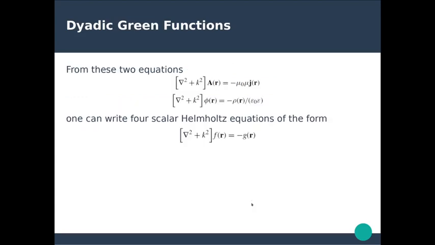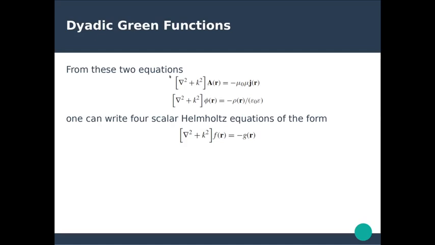Those two Helmholtz equations can in fact be expressed as four scalar Helmholtz equations. If you consider this, the first one here is actually applied onto a vector. So there's the vector potential, which can be broken down into three different components. That basically gives you four scalar Helmholtz equations.